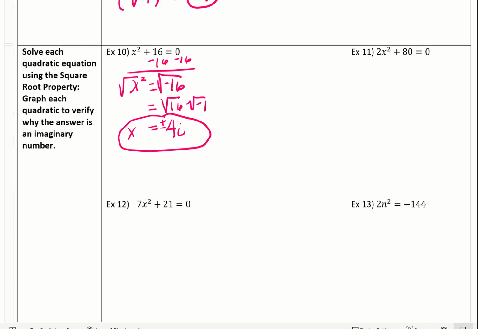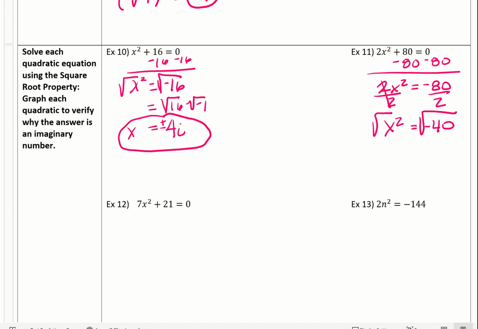So let's take a look at 11. We're going to subtract 80 just to begin. This is solving using the square root method. 2x squared equals negative 80. And we'll divide by 2. And we get x squared equals negative 40. And then we're going to square root. Well, negative 40 for sure breaks down with those perfect square numbers again.